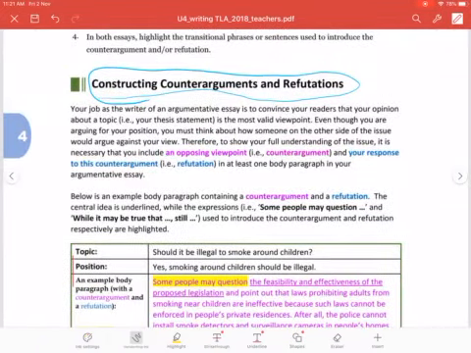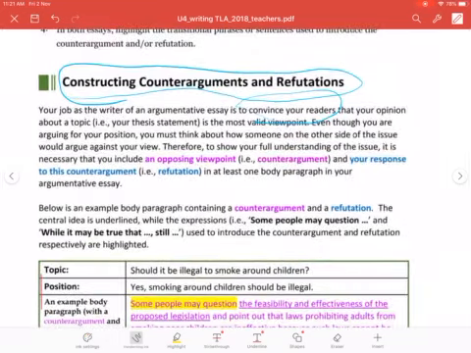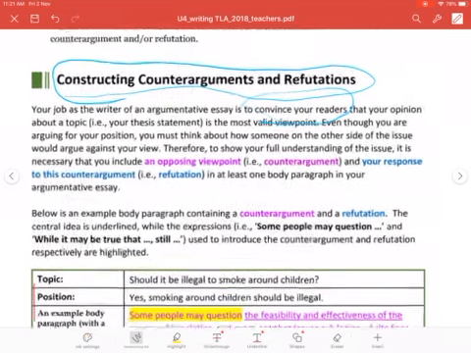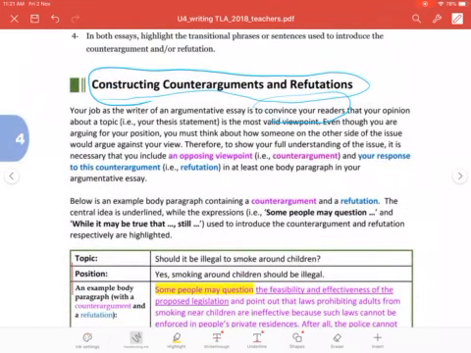So basically, when you write an argumentative essay, your job is to persuade your readers, right? That's the goal of writing the essay. But when you try to persuade your readers, it's very likely that they will also question your arguments. There's no opportunity for you to talk to your readers face to face and listen to their questions or challenges, and that's the nature of writing, right?